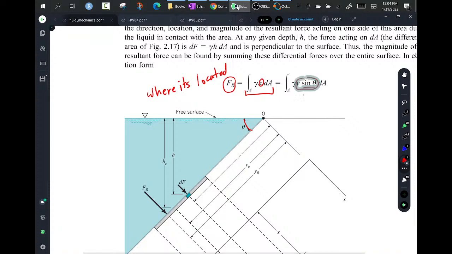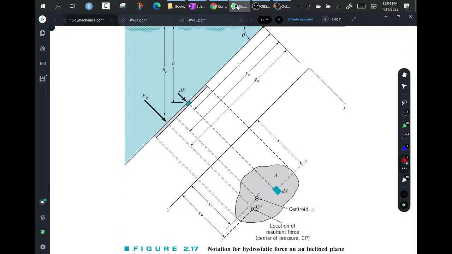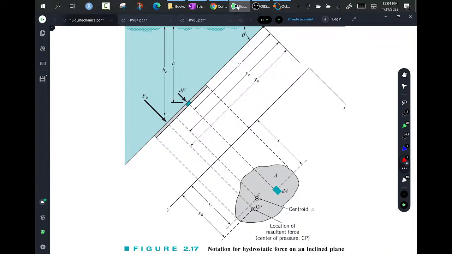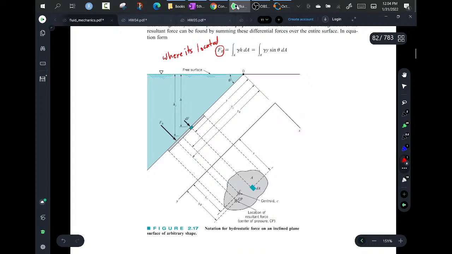And then what you find out is if you've got an odd shape, sorry, this shape is what a person sitting right here looking that way at this gate sees. So you see something like this, and they're going to integrate over the whole area to find the little dF over this.